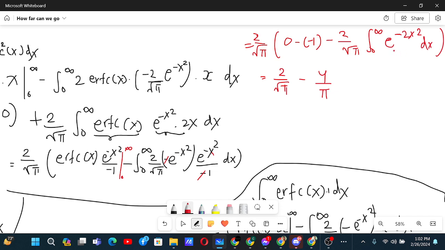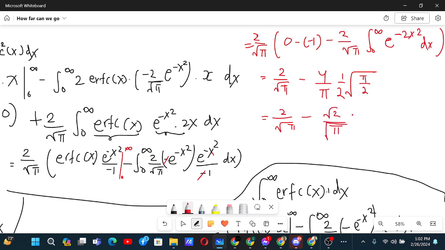And now what do you think about this? You can easily integrate this function. Basically e to the power minus a x square integrates to 1 by 2 times root pi by a. So this is 1 by 2 times root pi by 2, for a equals 2, this is the normal definition. So we now have 2 by root pi minus root 2 by pi, root pi.